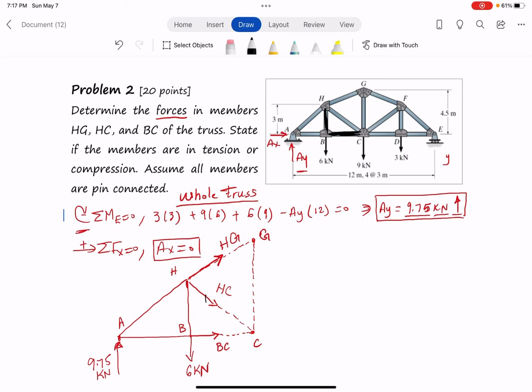So this would give you 3, 3, and what is the diagonal? 9 and 9, square root of 18. Okay, and let's look at HG. HG, if you look at it like this, this is 3.